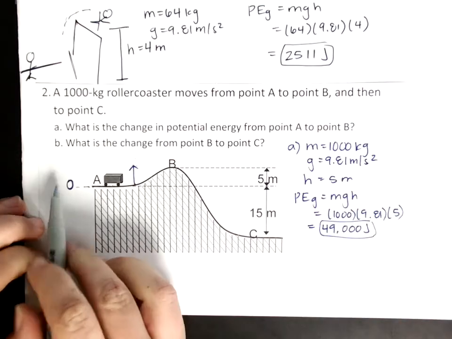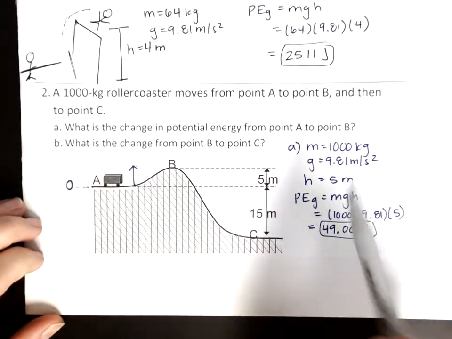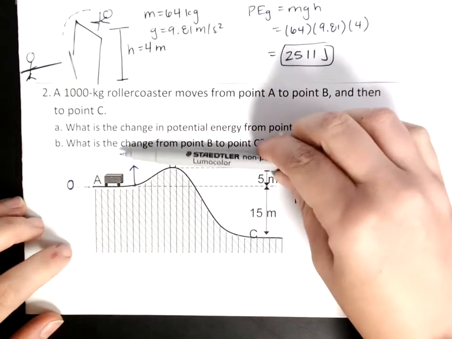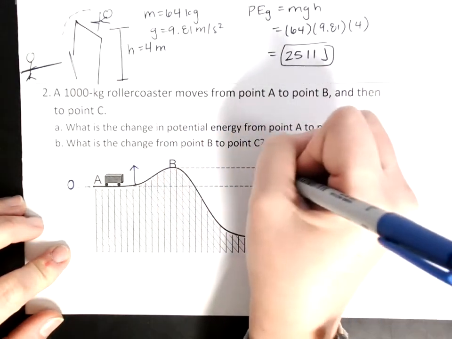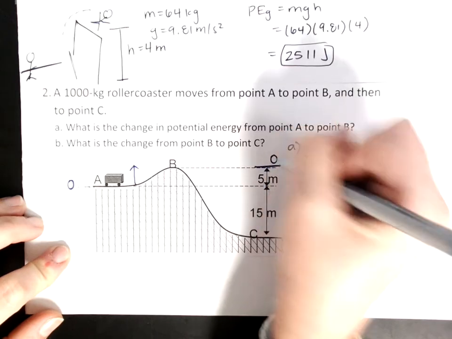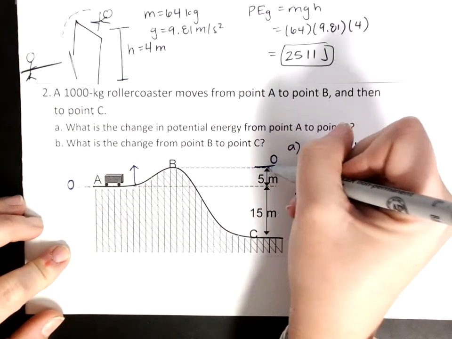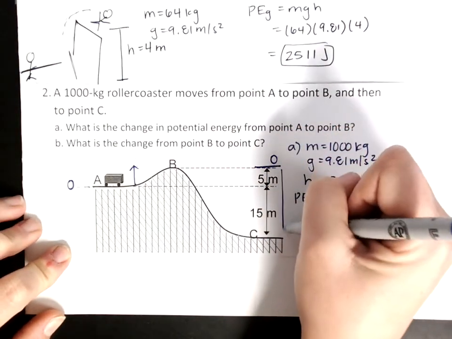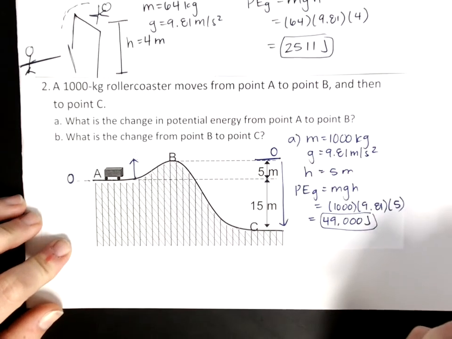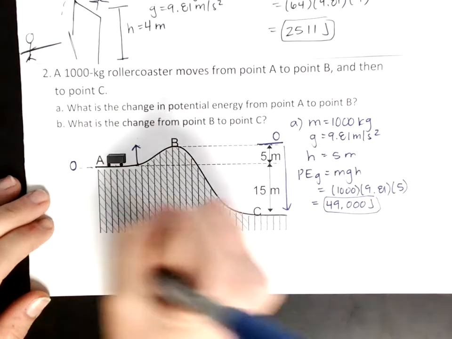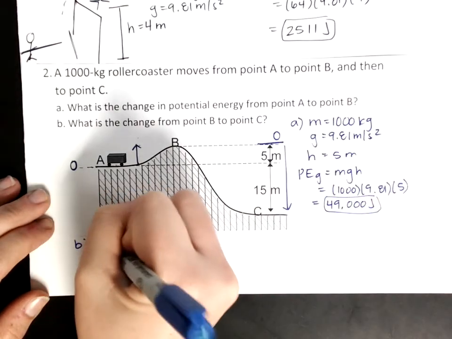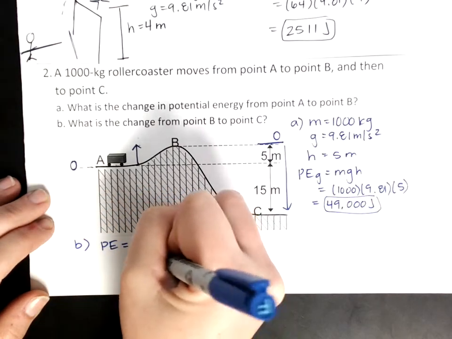Okay, for part B, what is the change from point B to point C? Now our reference point is going to be point B, so this is now our height of 0. And now it's moving downwards. It's going down 20 meters, so we're going to have a negative height in this case. So potential energy for part B equals mgh.